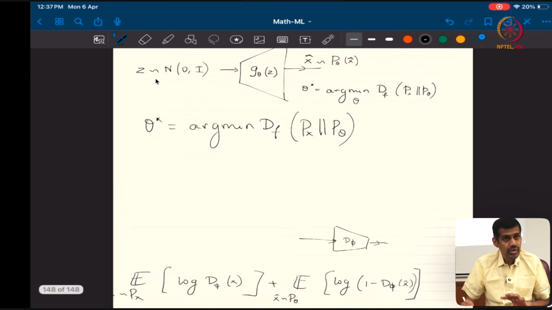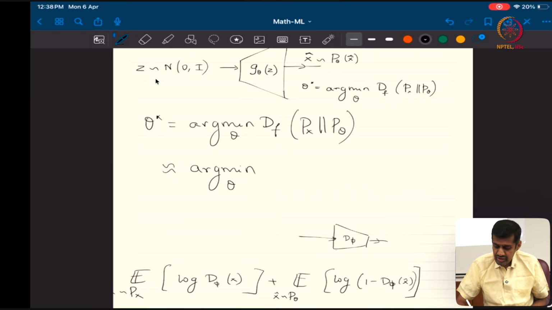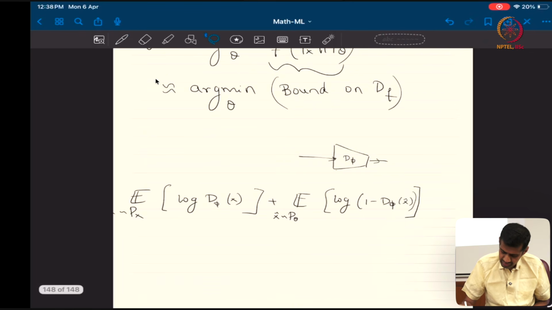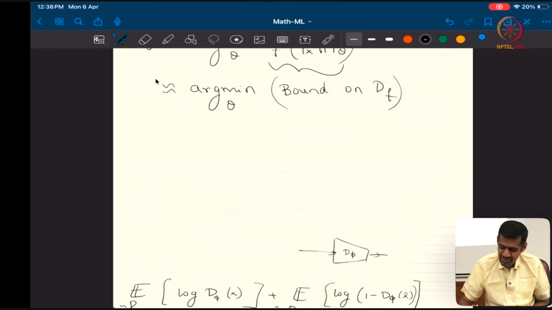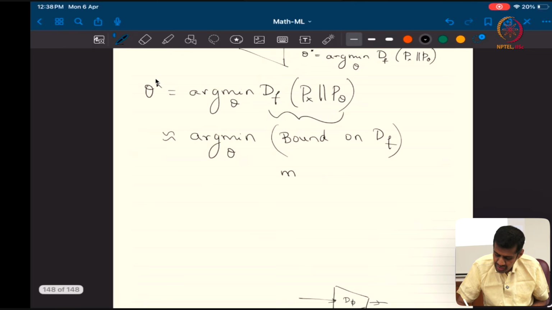We cannot minimize this divergence metric, so this becomes an approximate optimization over theta, and we construct a bound on it. This bound on df itself will be an optimization problem.